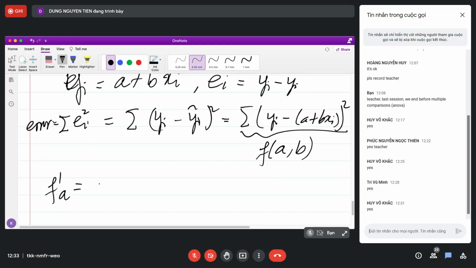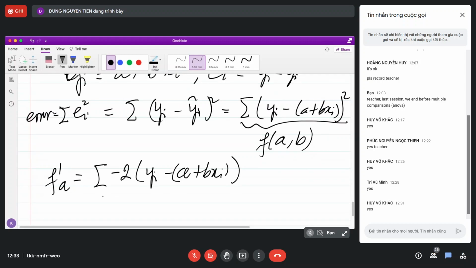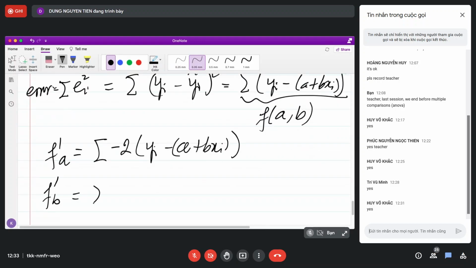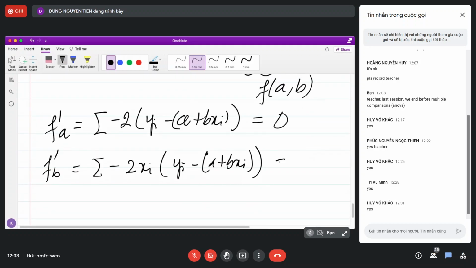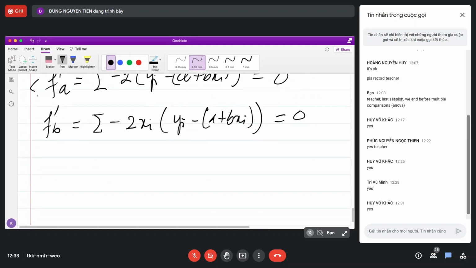That derivative is the sum of minus 2 times (yi minus (a plus b xi)), and f_b is the sum of minus 2 xi times (yi minus (a plus b xi)). And you let them be 0. From these two equations, you can get the values of a and b.